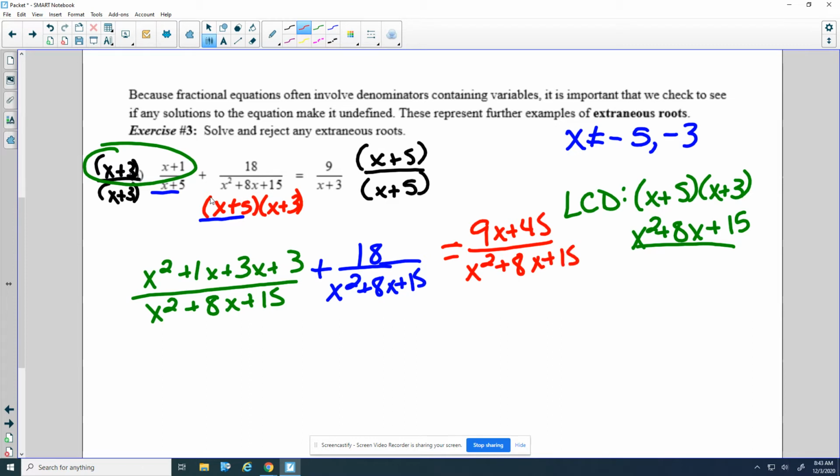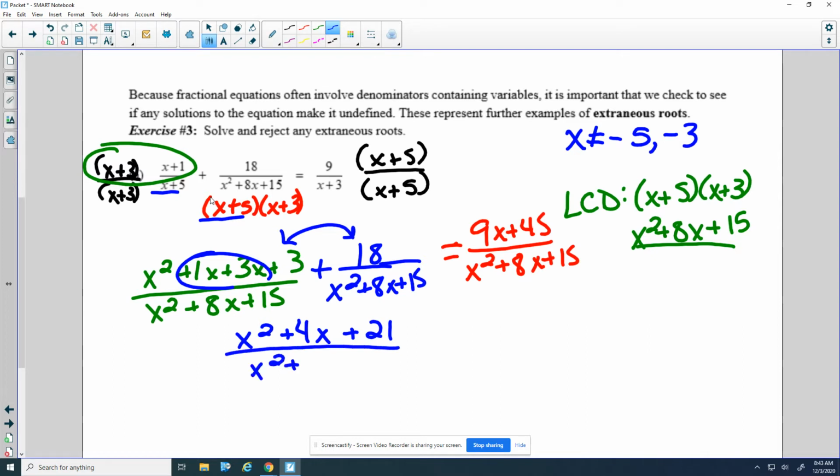So I'm going to combine those first two fractions together, which is going to give me x squared plus 4x, and we'll combine these two, plus 21 over x squared plus 8x plus 15 equals 9x plus 45 over x squared plus 8x plus 15.